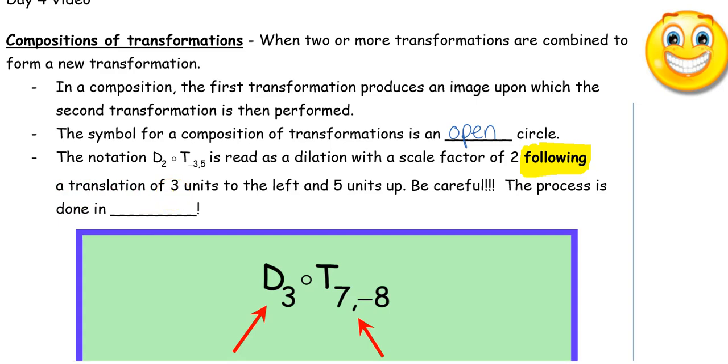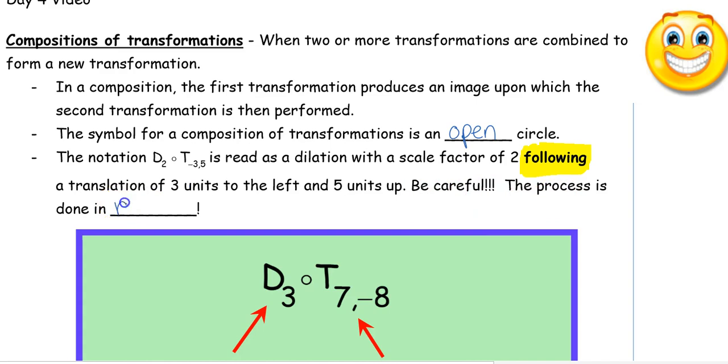Now think about if you're in line. If you're following something or someone, you are behind them, which means you are second. So this tells me that a dilation follows a translation. And that gets very confusing. So we have to be careful.